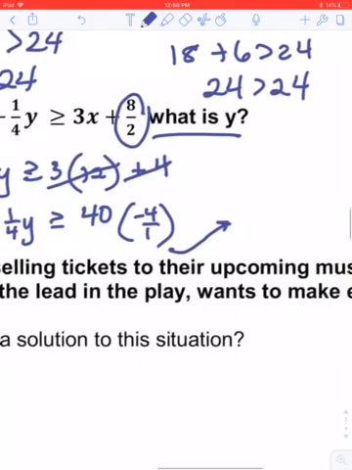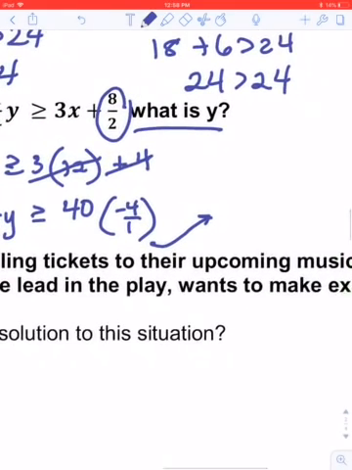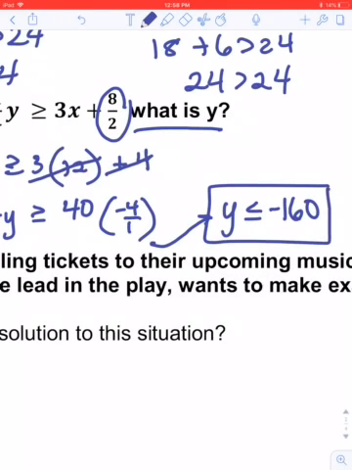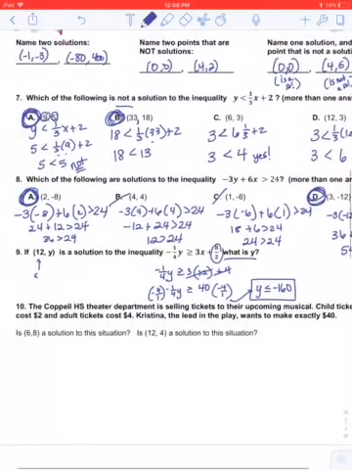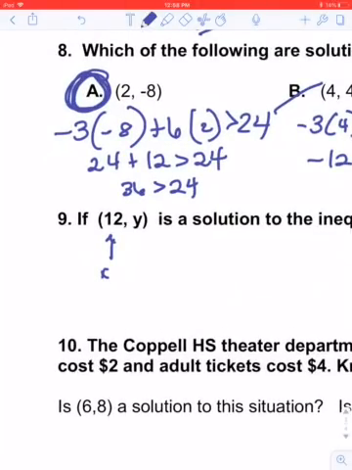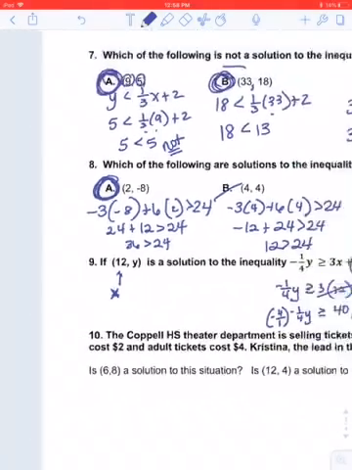I am multiplying by negative, so that's going to flip my sign around. And my answer would be -160. Okay, so whenever you get a problem like that where they have given you part of a coordinate, just recognize which part they've given you and go plug it in.